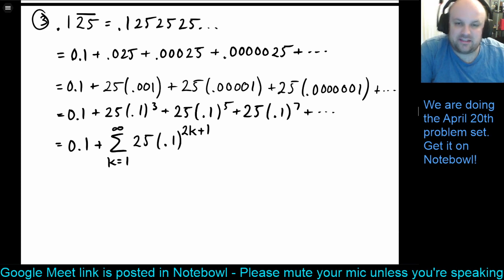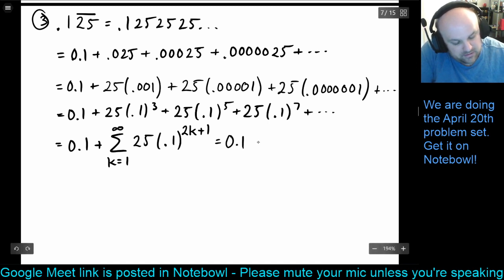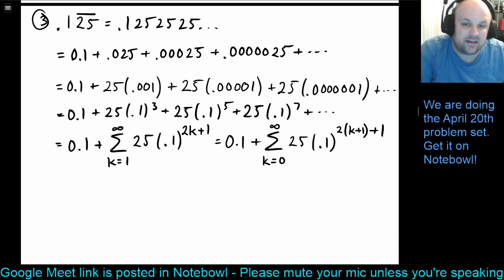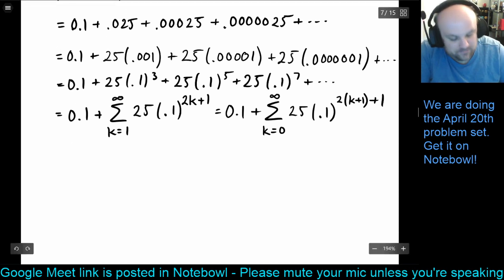So the best thing I think to do here is let's change this k to a 0 first. This is 0.1 plus, we bump this k down by 1, and so we bump this k up by 1. Right, now remember, we're bumping k up by 1. So k replaces with 2k plus 1.